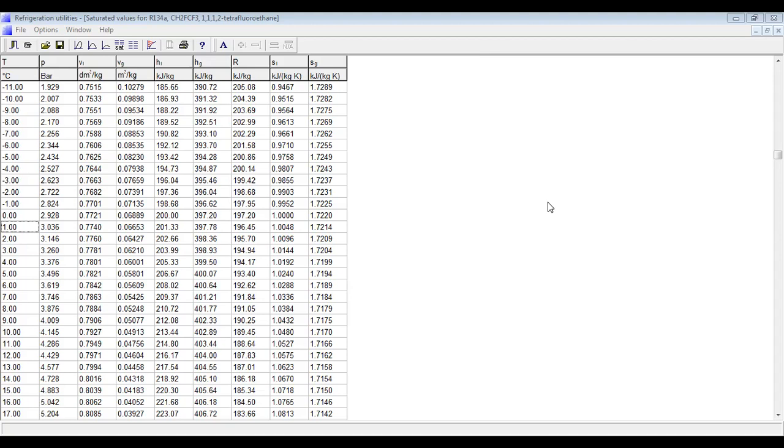So how you are going to do it is you direct this flow for a cooling application. Example, maybe a refrigerator.